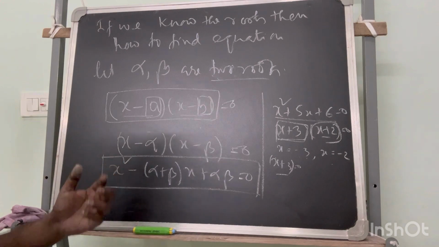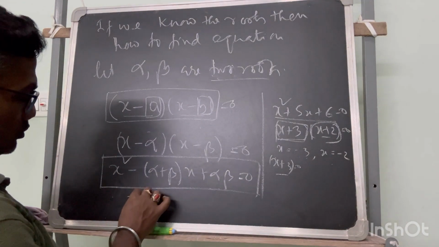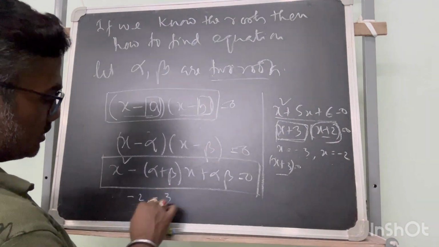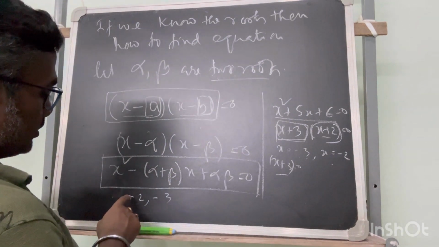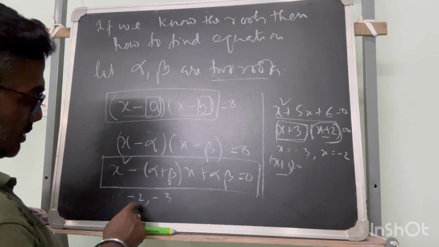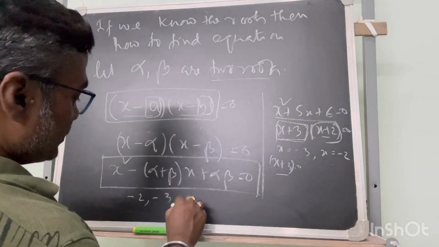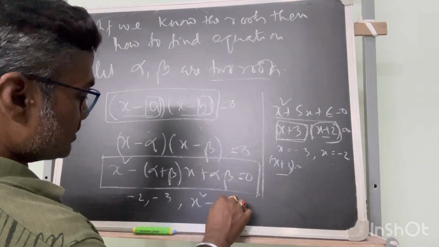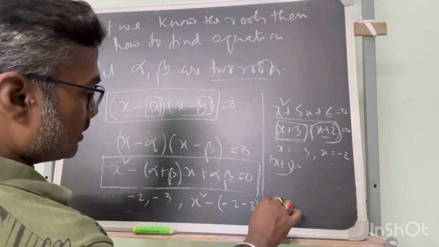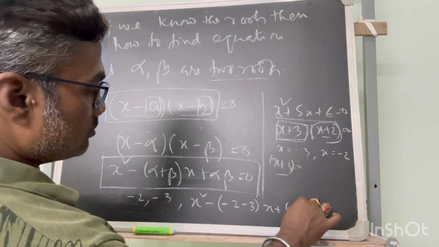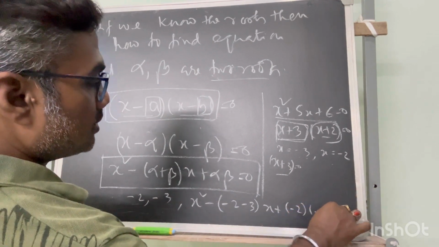It's very easy. If I say that there are two roots, minus 2 and minus 3, what you have to do is put the values of alpha and beta along with the sign, don't get confused. So you have x square minus alpha, where alpha is equal to minus 2, beta is equal to minus 3, and x, and alpha beta is minus 2 into minus 3, is equal to 0.